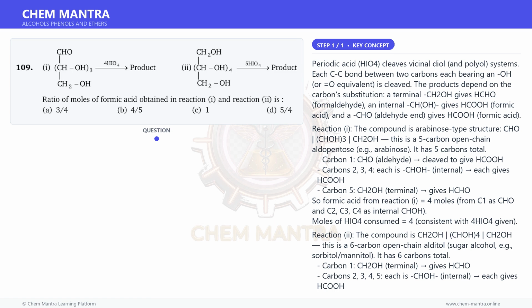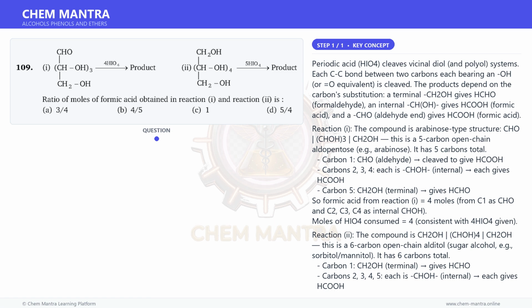Carbons 2, 3, 4, 5, each is CHOH, internal, and each gives HCOOH. Carbon 6, CH2OH, terminal, gives HCHO. So formic acid from reaction 2 is 4 moles, from C2, C3, C4, C5. Moles of HIO4 consumed is 5, consistent with the 5 HIO4 given.